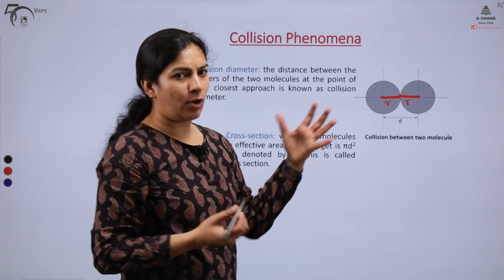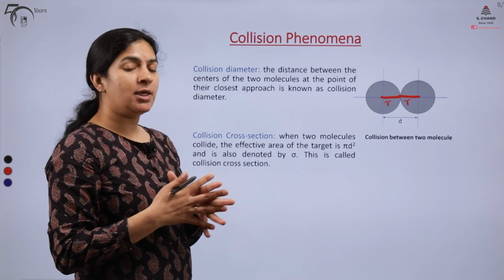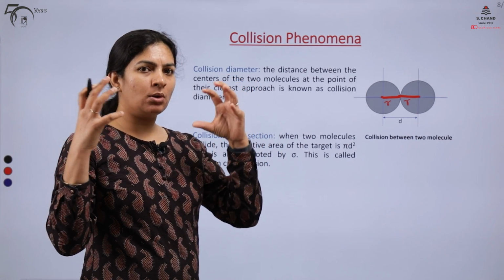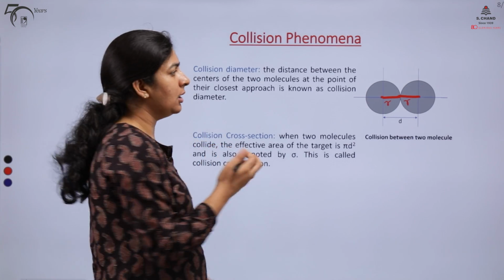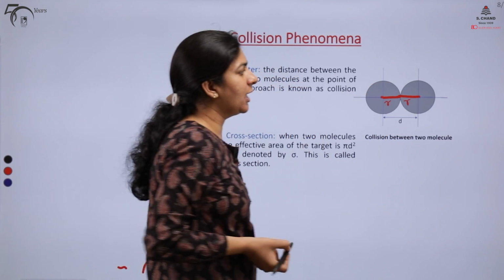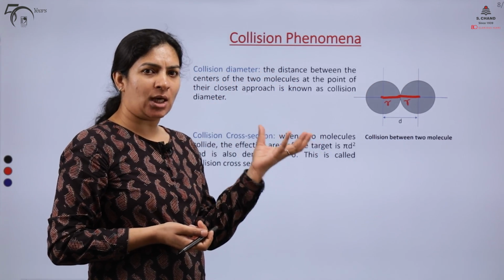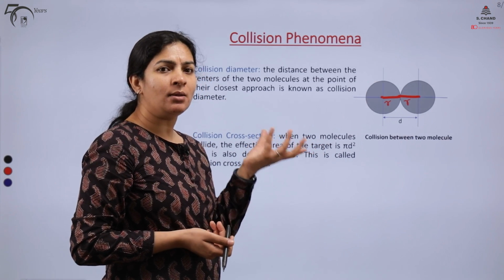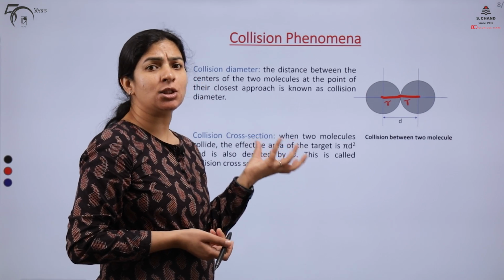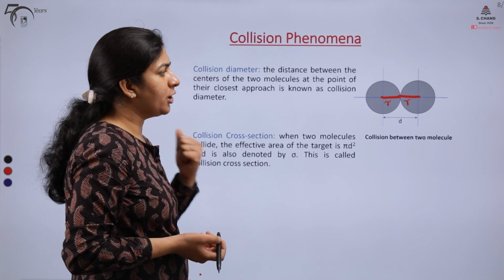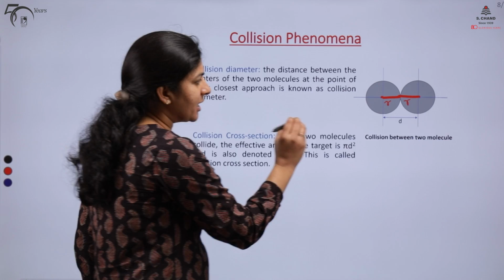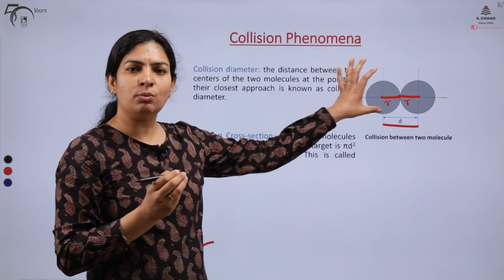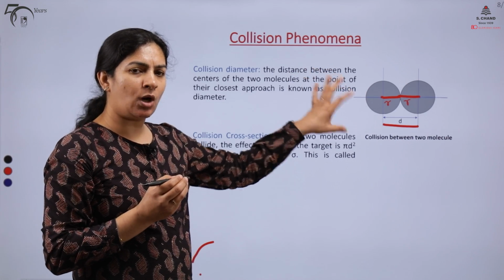Now this is the point, as we mentioned earlier also, that when the gaseous molecules come closer and closer to each other, it is at this point that they would touch each other, and this is the point where the effective collision will take place. This is the point where we consider the collision between the two molecules, and therefore this distance between the centers of the two molecules is known as what?